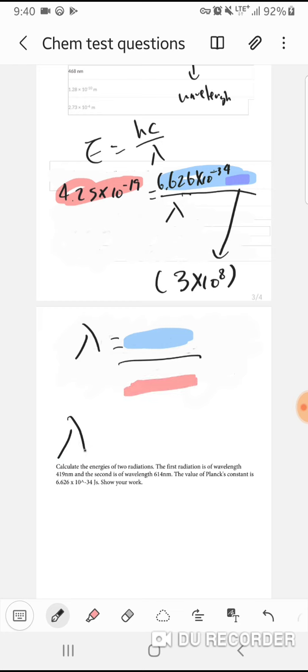Okay, so lambda equals, I'll just do it in my calculator, 6.626 times 10 to the negative 34th power times 3 times 10 to the 8th power, and then divide that by 2.25 divided by 10 to the negative 19th power.